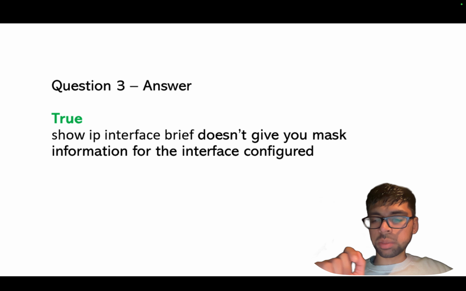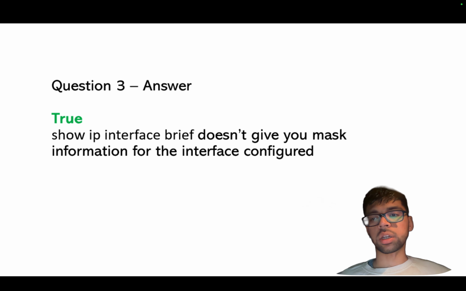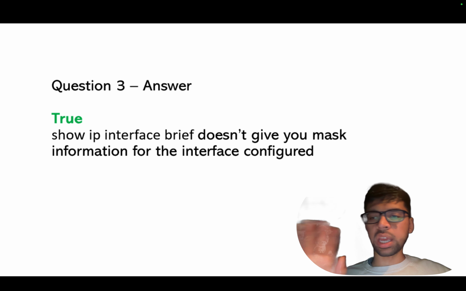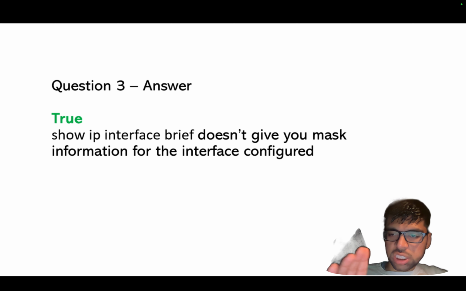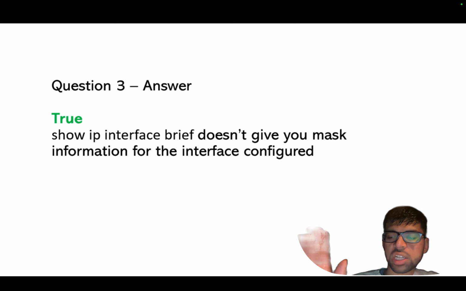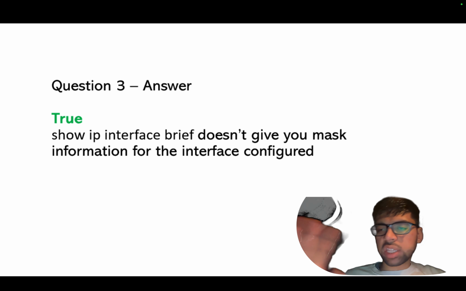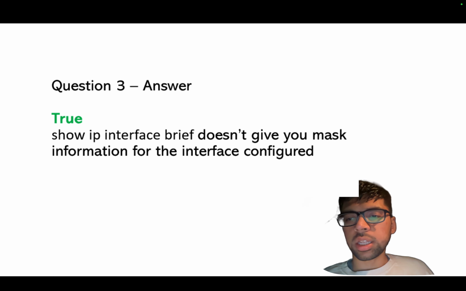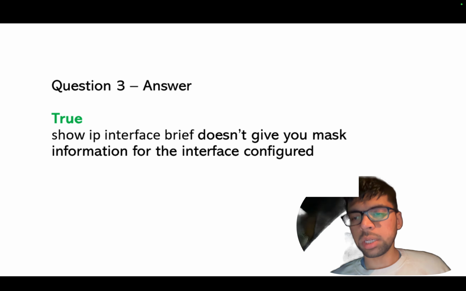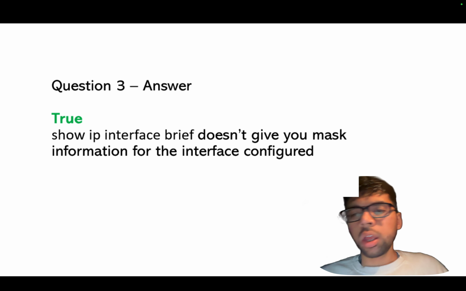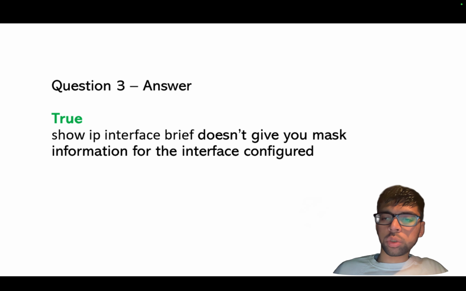Just something to be wary of, because normally you configure IP subnet masks in decimal notation, but here, when you see it, it's only in slash notation. Nevertheless, this is the only command in those three that I mentioned. Sorry, my phone just fell. It's the only command where you don't see the subnet mask.